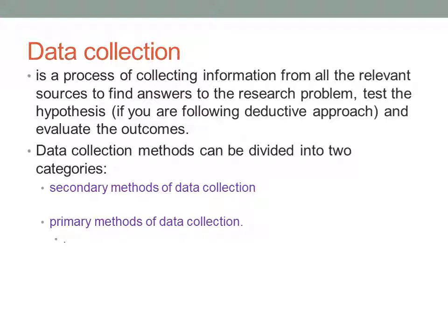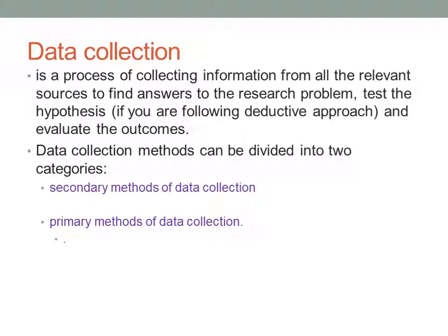Now why did I put secondary data methods before primary ones? Usually secondary data methods means the data has already been published. So you make use of data available in other published sources. These are called secondary.